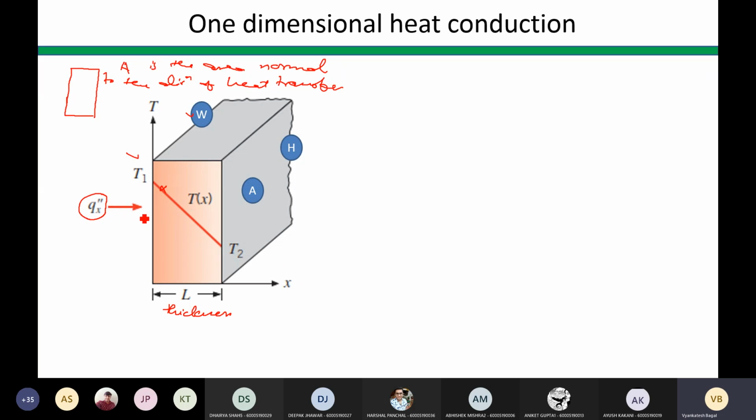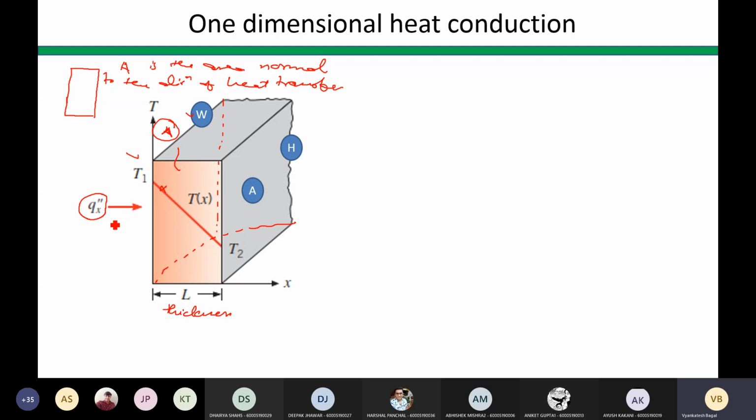The direction is shown like this. So the area normal to this arrow. If I try to show the face at the back end, it will be like this. So maybe this face, right? The area of this face, or both are the same, is nothing but the area perpendicular to the direction of heat transfer, right?